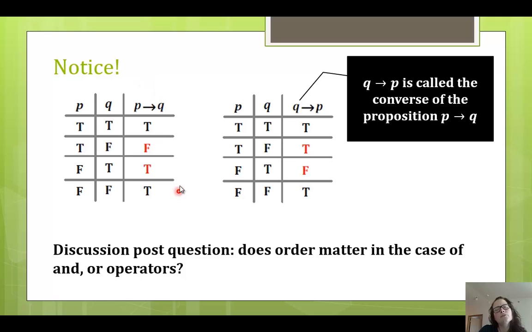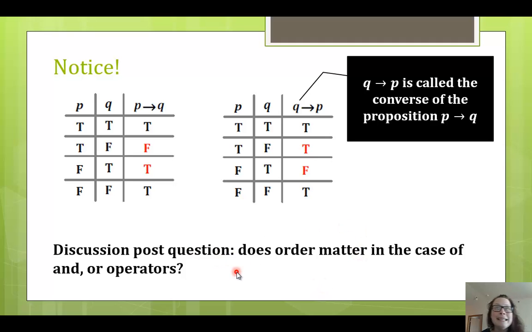So these truth tables here tell us that the order of implication matters. And I think symbolically it's kind of telling you that, right? On this side, there's nothing. On this side, there's an arrow. With and or, I wonder what's going on with that. Does order matter?